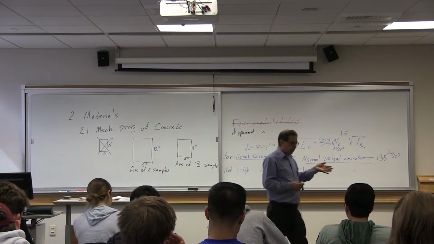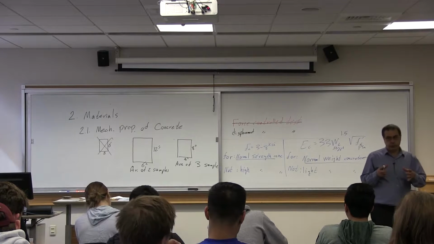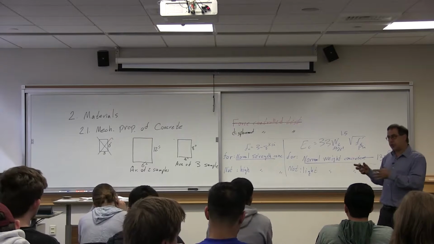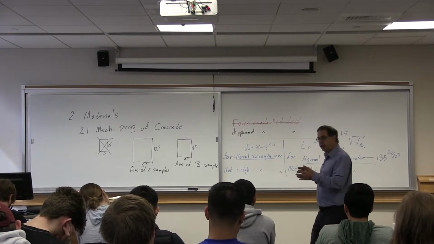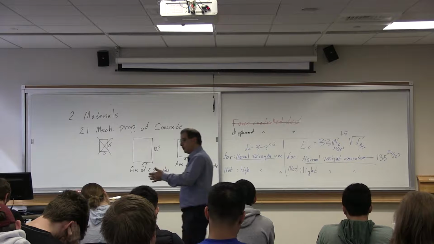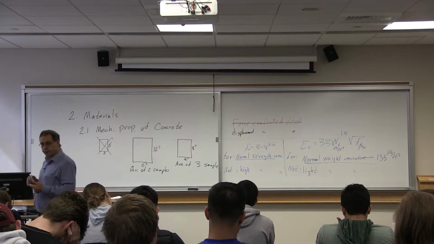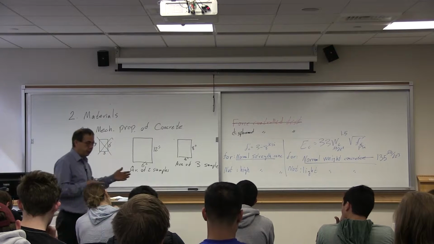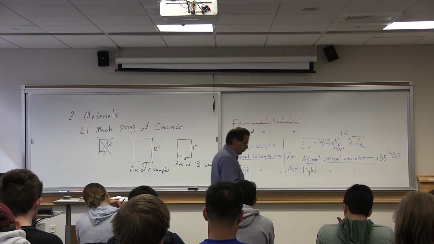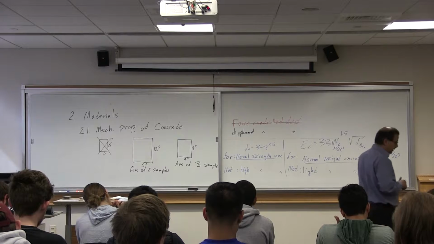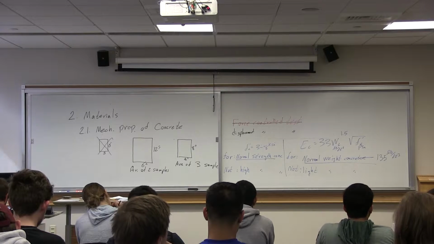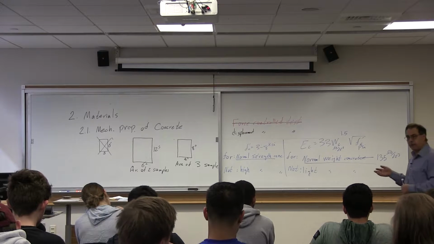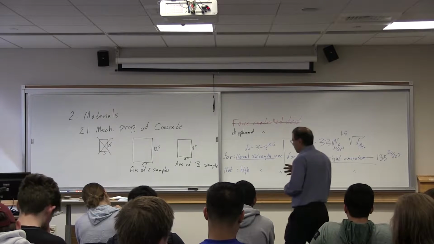In Europe, they don't go with cylinders, they go with cubes. The standard cube size is 15 by 15 by 15, that's in centimeters, approximately 6 by 6 by 6. Of course, it's not really 6 by 6 by 6, it's 150 by 150 by 150 millimeters, because in Europe they don't use inches. A kind of half standard is 4 by 4 by 4. And there are relationships between them.